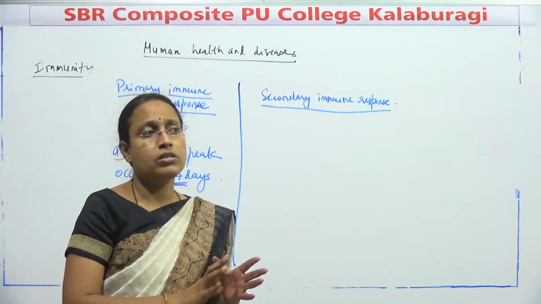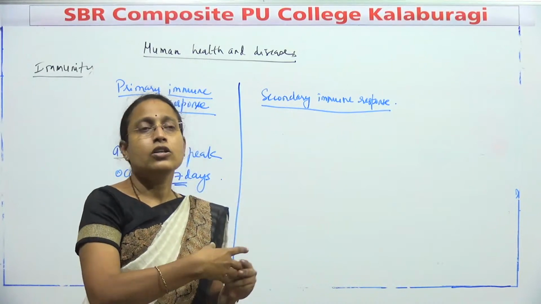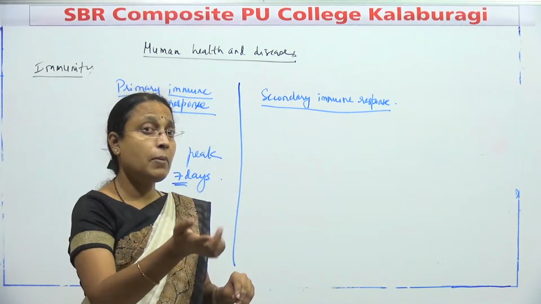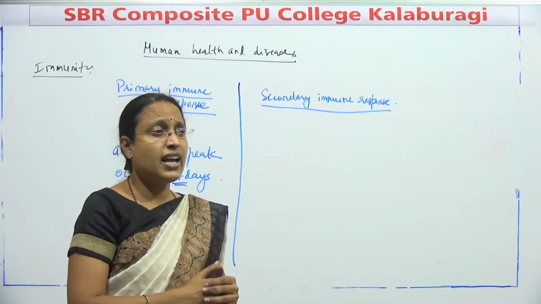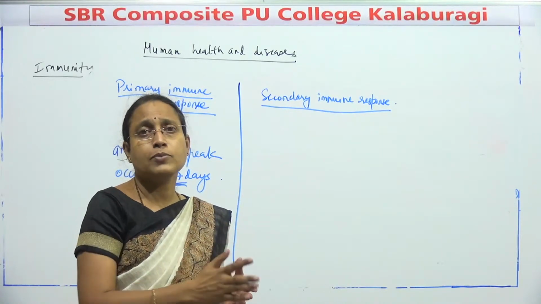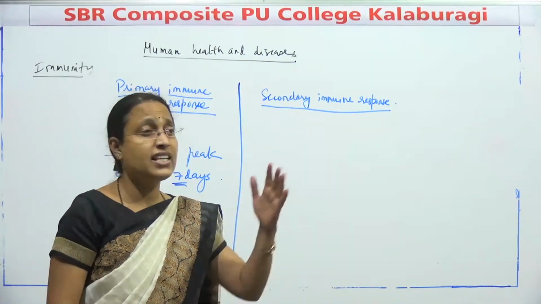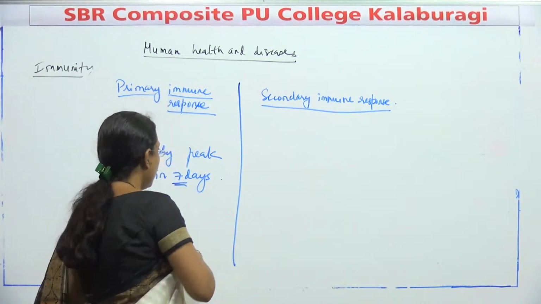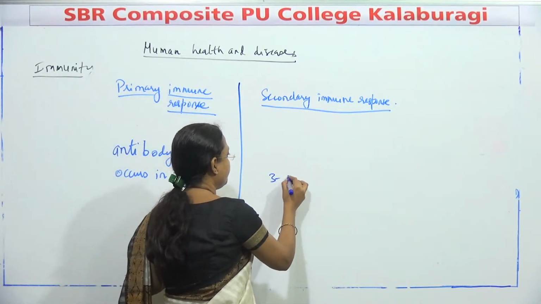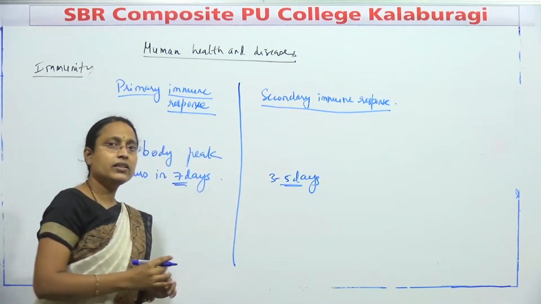So it can easily recognize the pathogen and quickly produce antibodies. The antibody peak can reach in a lesser number of days, between 3 to 5 days.